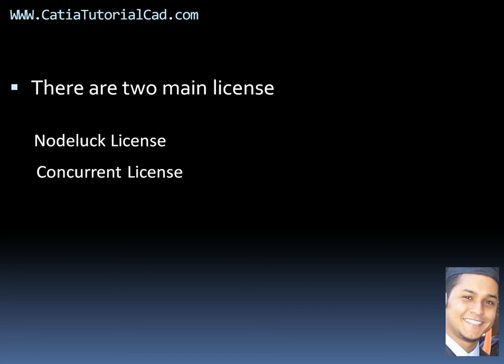Also, the concurrent license is nice because the user can go to the server and extract the license from the server. They can basically borrow it and put it on their machine. Then they can take that license home or anywhere they want, and CATIA will still work.